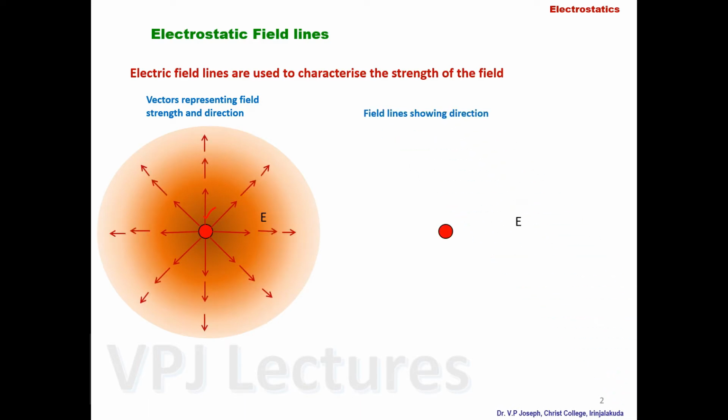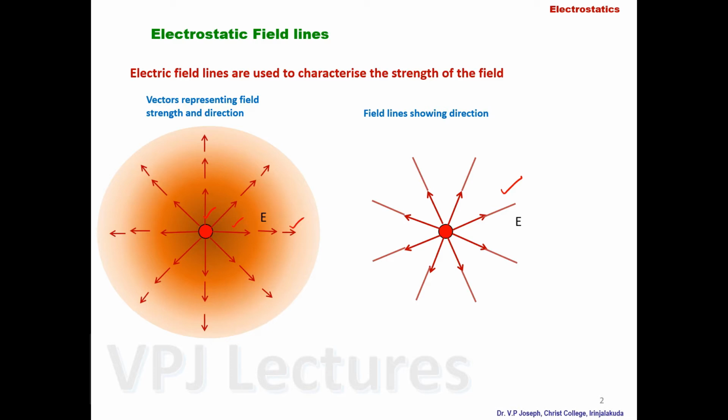Corresponding to the central region, the length of the vector chosen is greater when compared to the length of the vector associated with outer regions, because the intensity in the outer region is small when compared to that of the center region. This type of representation is not always practical, so usually we will consider continuous lines in order to represent electric field lines.